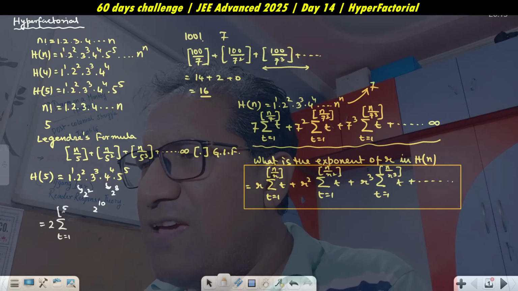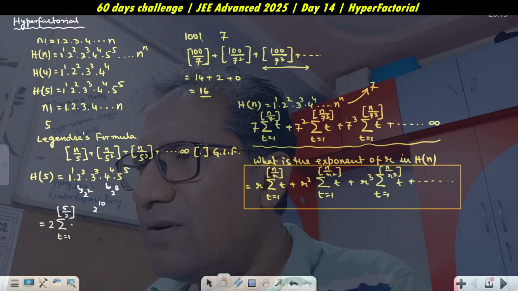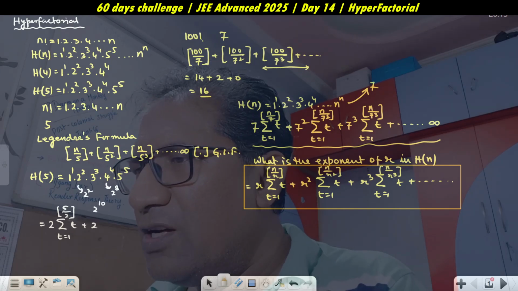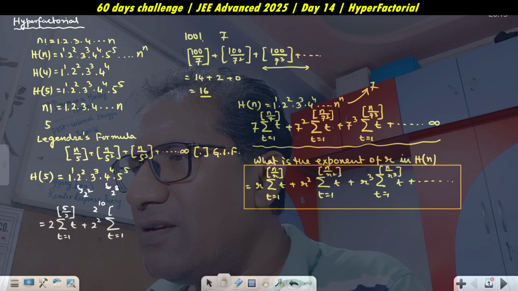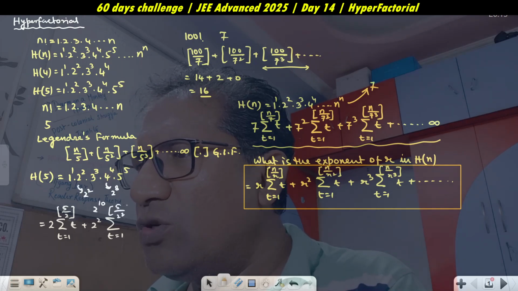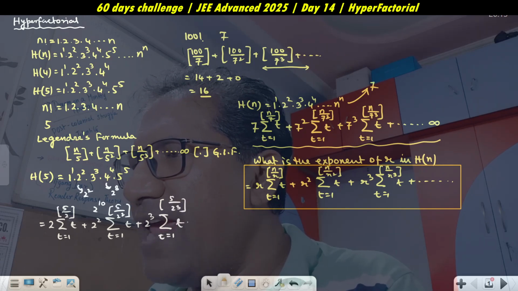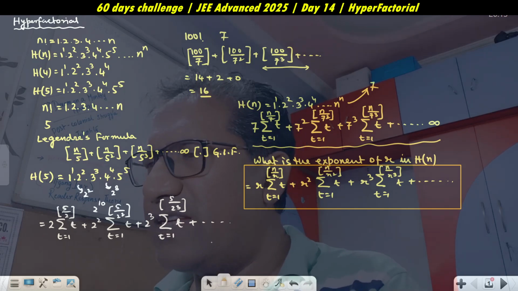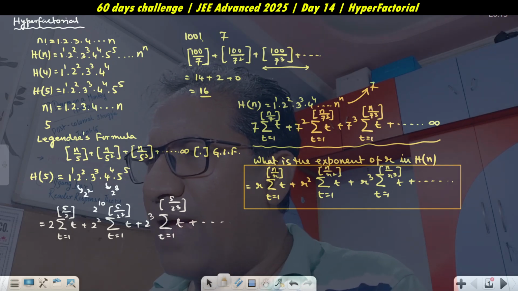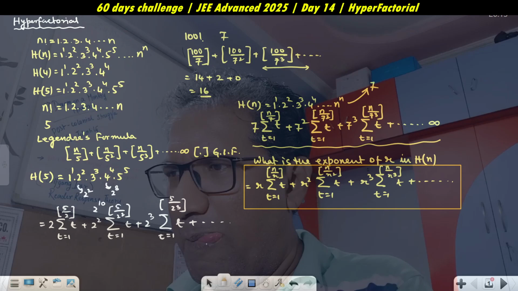So it is floor of 5 over 2 t plus 2 square, t starts from 1 till floor of 5 over 2 square t plus 2 cube, t starts from 1 to floor of 5 over 2 cube t, and this thing goes on. No need to write anymore because the upper limit is coming to 0.